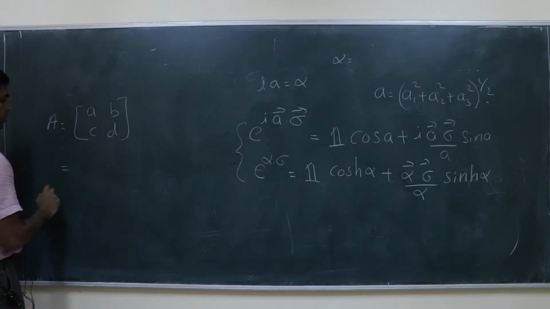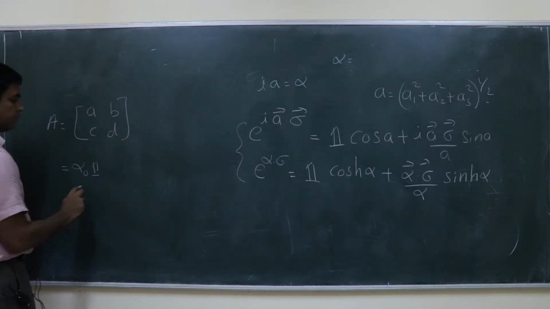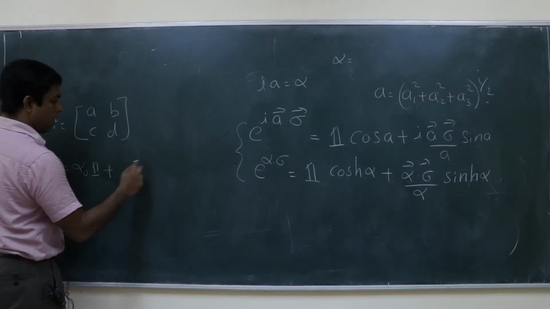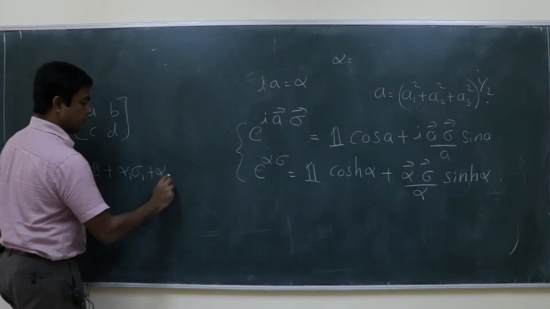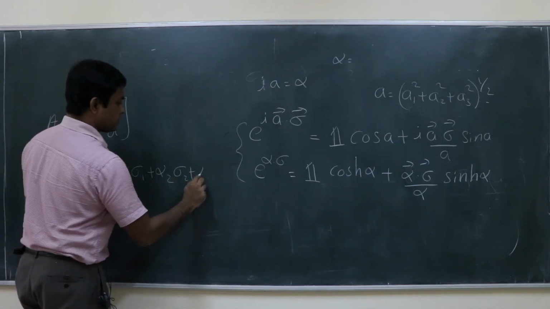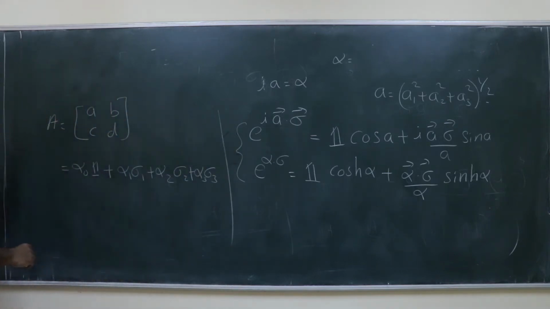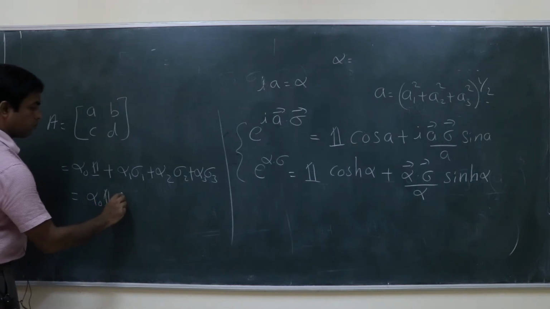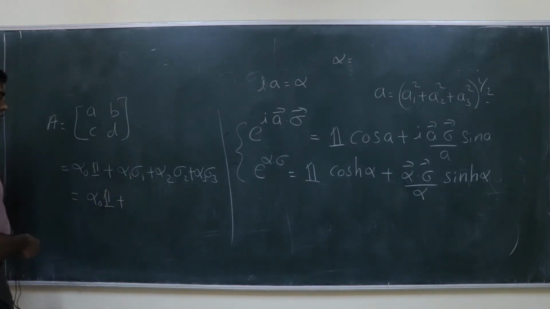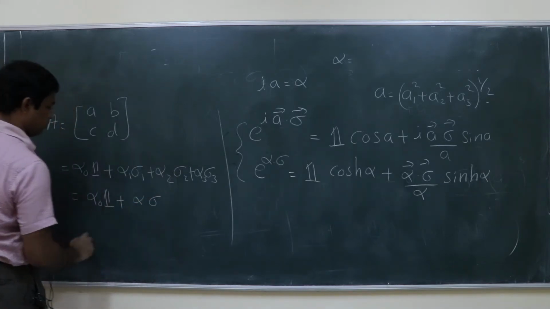So I can write this as alpha 0 I, where I is the identity matrix, plus alpha dot sigma, that is nothing but alpha 1 sigma 1 plus alpha 2 sigma 2 plus alpha 3 sigma 3. This we have seen in one of the earlier classes.